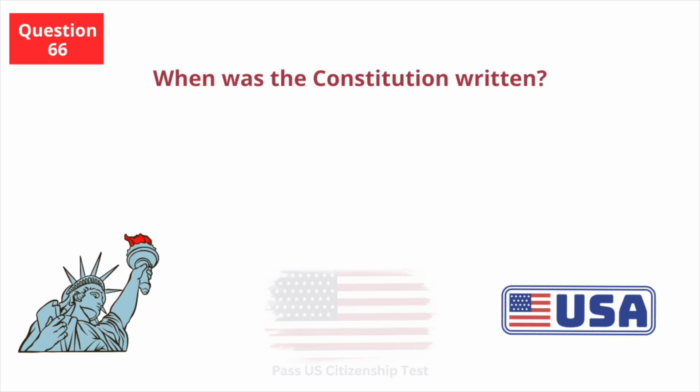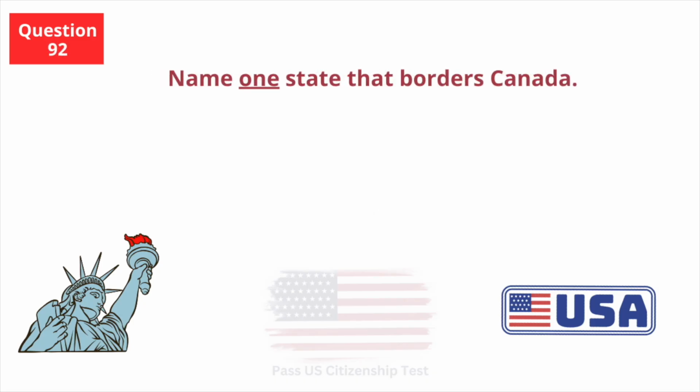When was the Constitution written? 1787. Name one state that borders Canada. New York.